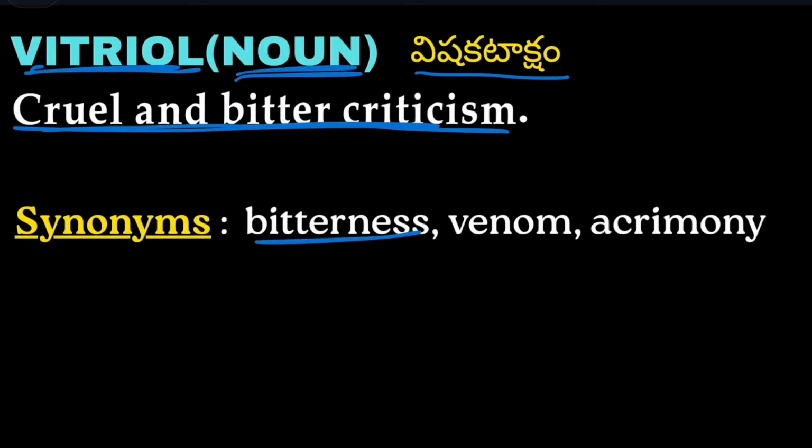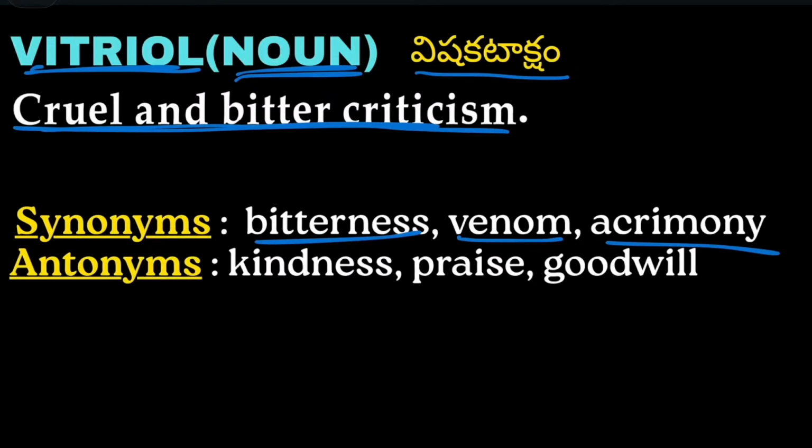Synonyms: bitterness, venom, acrimony. Bitterness, venom, and acrimony are the synonyms of vitriol. Antonyms are kindness, praise, and goodwill. Kindness, praise, and goodwill are the opposite of the word vitriol.